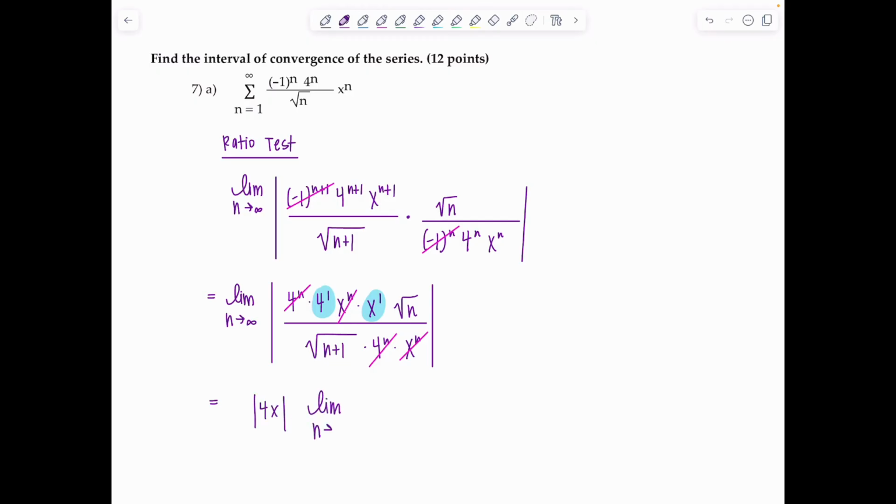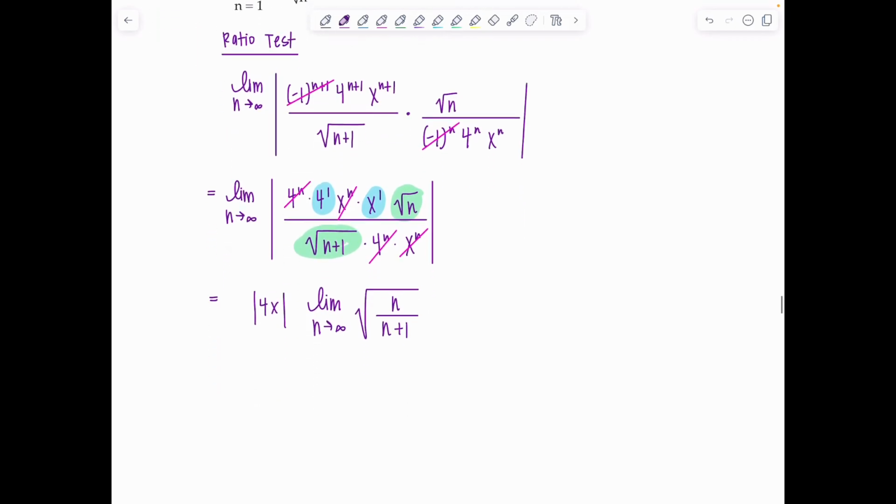And then I have limit n goes to infinity. I don't need absolute value anymore for the n's because n's going to infinity, it's not going to be negative. And I can just write this as one big happy square root family, square root of n over n plus 1. Okay. Again, to evaluate this limit, divide by highest power of n in the denominator.